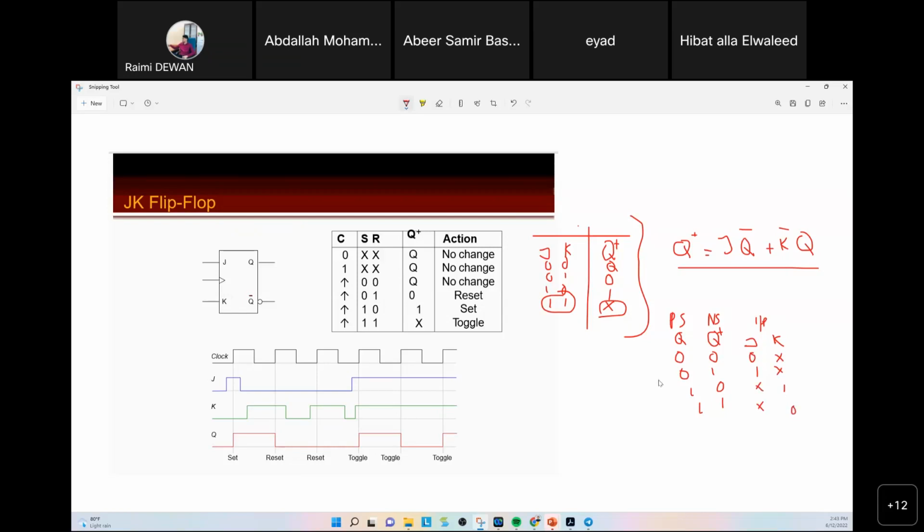If you want the future output Q plus to have no change, you can see here for the JK, wait, this one is not SR. I don't know why it used SR there.